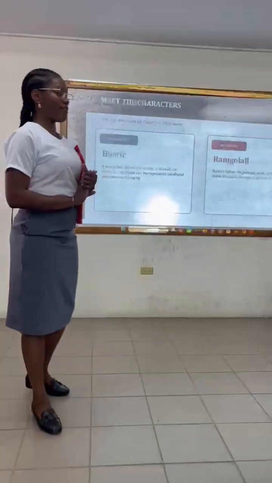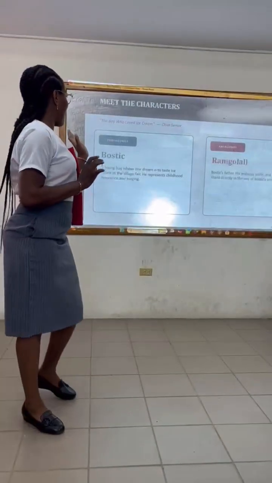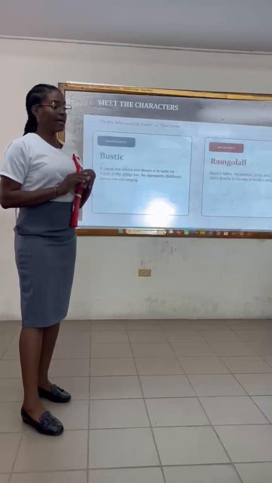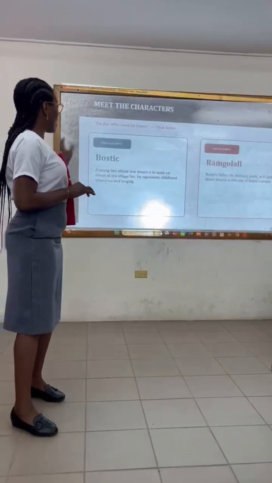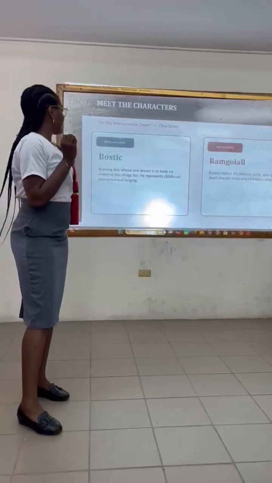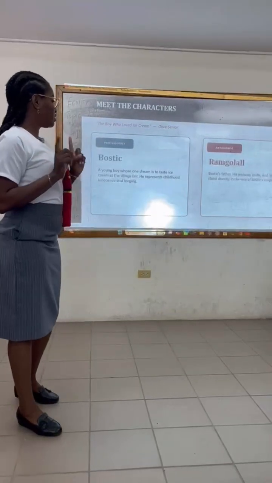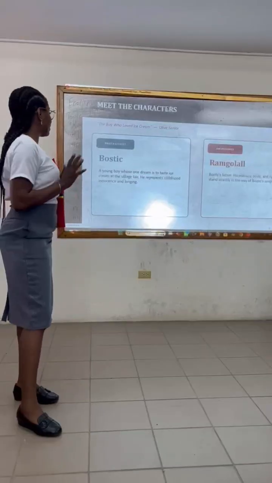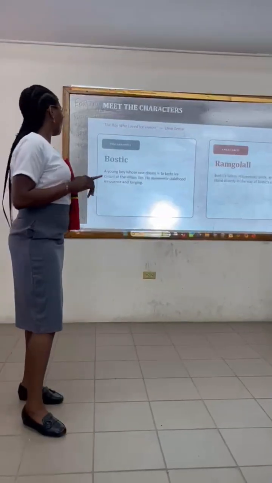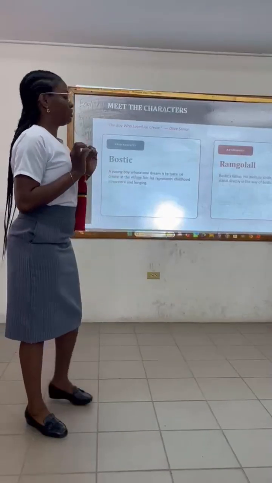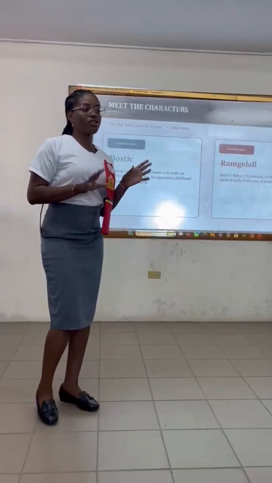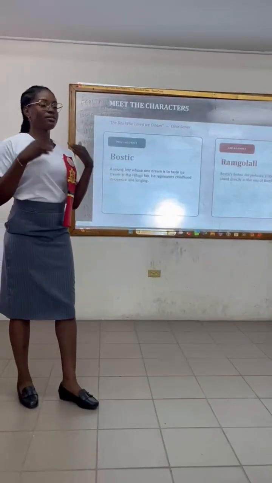Now let's meet the characters. We have the protagonist and the antagonist. In the story, we have Bostic, the young boy whose one dream was to taste the ice cream at the village fair. He presents childhood innocence and longing. All Bostic wanted was the ice cream.